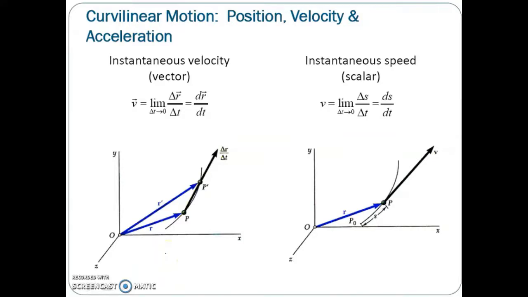The delta r is a vector and the delta t is a scalar. So this average velocity, delta r over delta t, is a vector in the same direction as delta r, and equals the magnitude of delta r divided by delta t. So here, this delta r over delta t is what we have just called the average velocity.